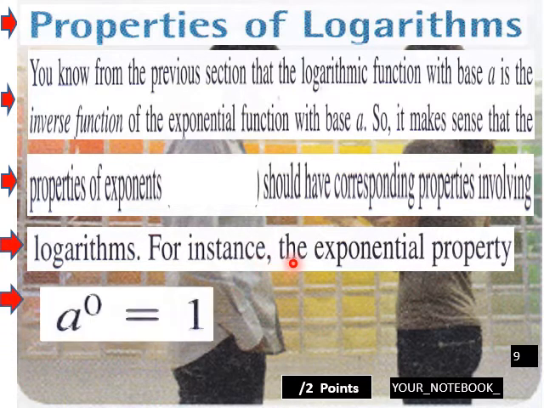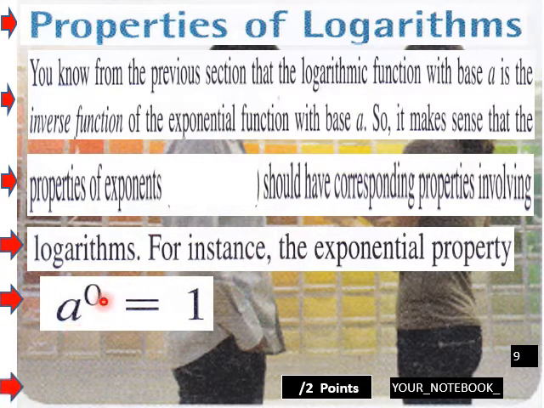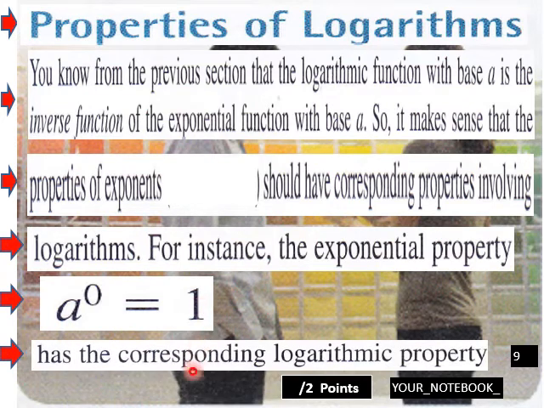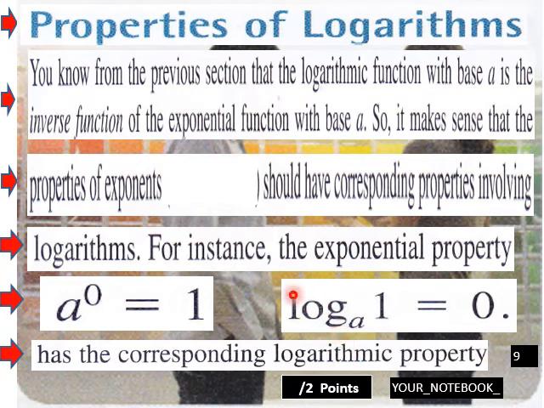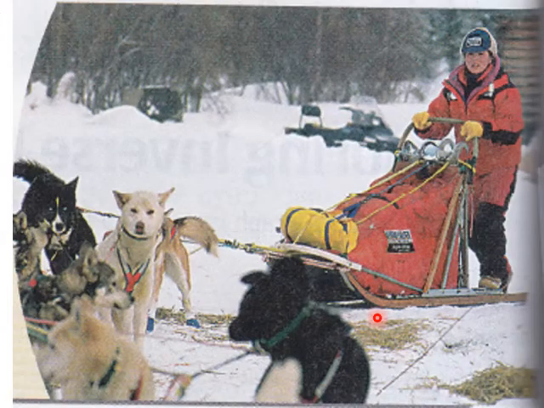For instance, the exponential property a to the 0 equals 1 has the corresponding logarithmic property log base a of 1 equals 0. So you see the similarity here. This is a base for an exponent, and this is a base for a logarithm. You just have to go across your equal sign.